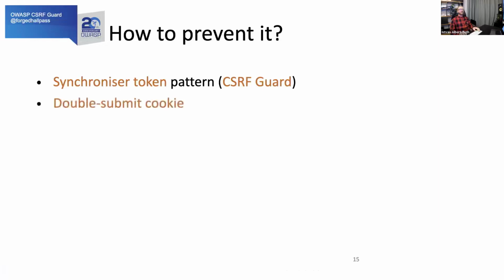Another one is double submit cookie, which is again a cryptographically strong random value, which is sent back as a cookie and a request parameter or a header. The advantage of it is that it's really easy to implement, and basically the server would just check whether the cookie value matches the header that has been sent along with the request.